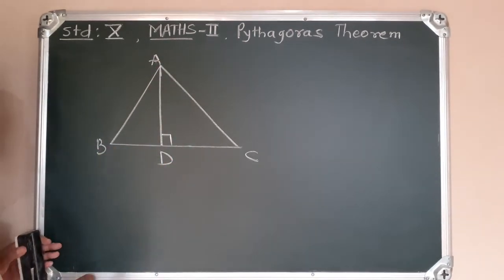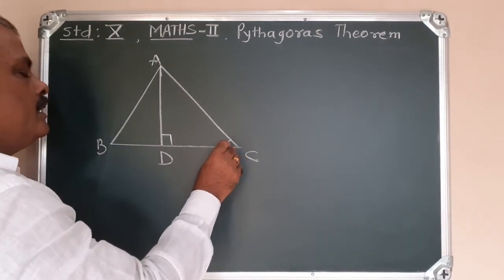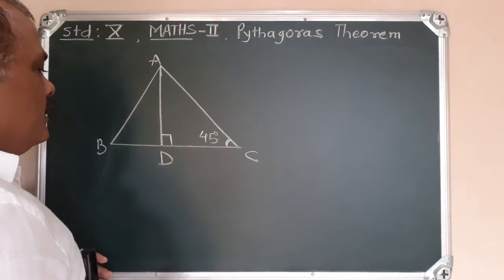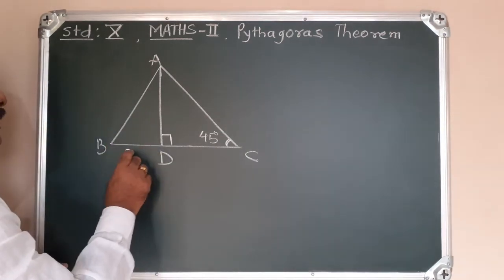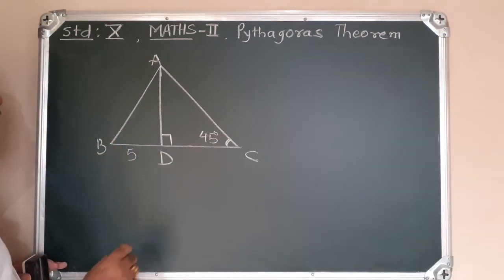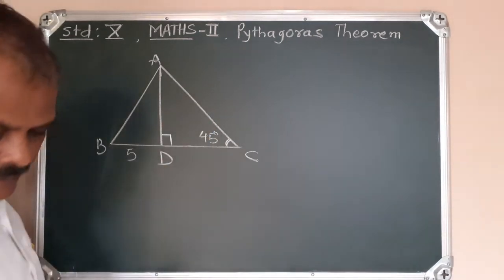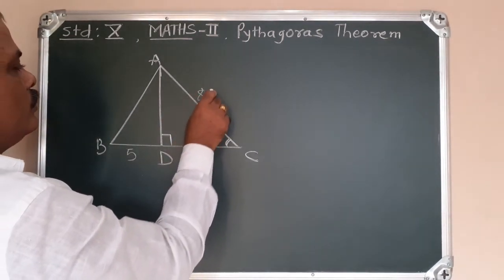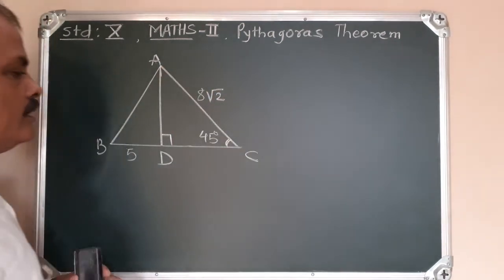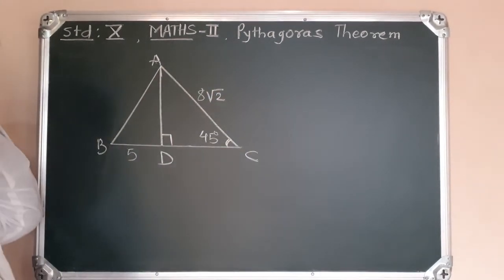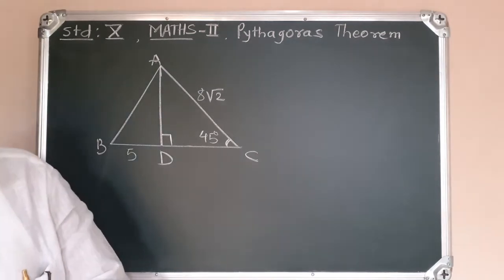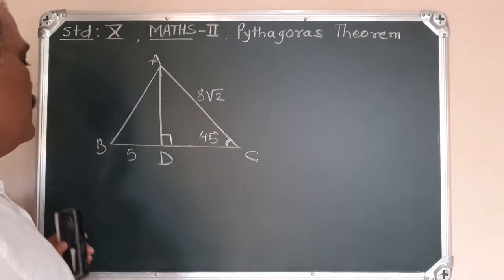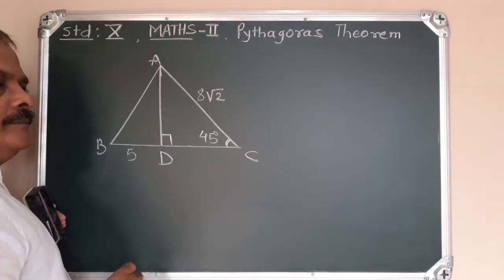Here is perpendicular and measure of this angle is 45 degree and BD, this length is given 5 and this is given 8 root 2. AC is equal to 8 root 2. And we have to calculate first AD and then BC. So AD we have to calculate.